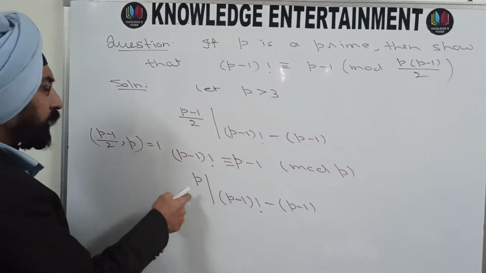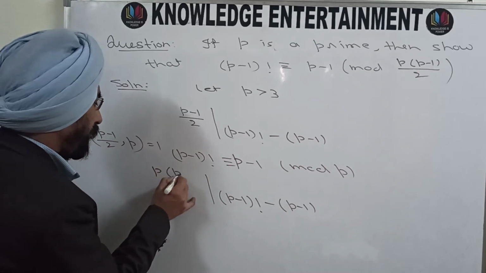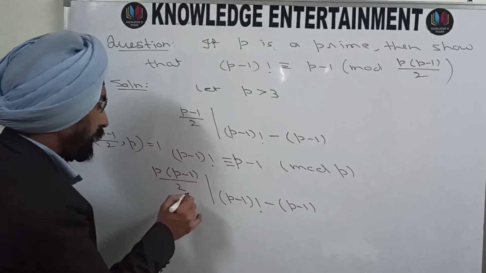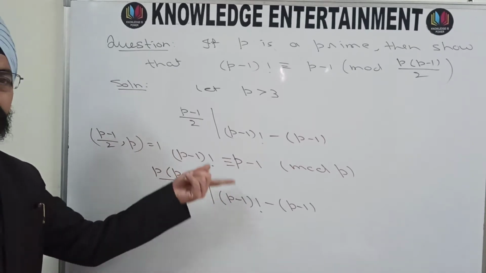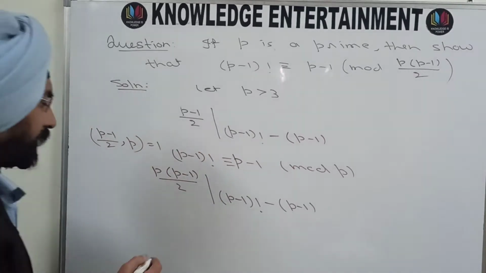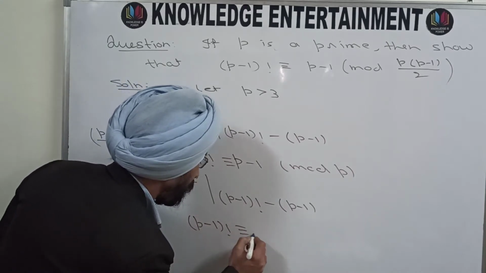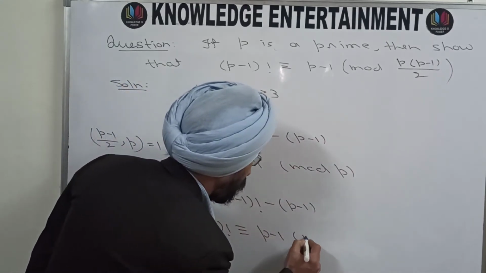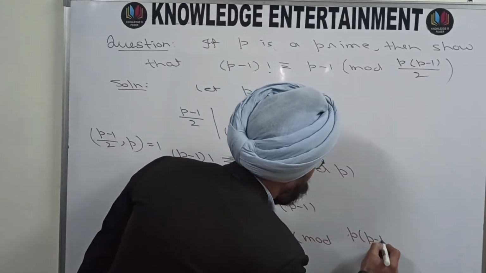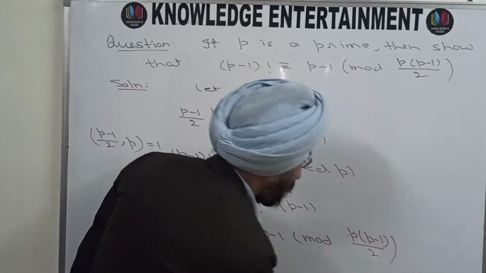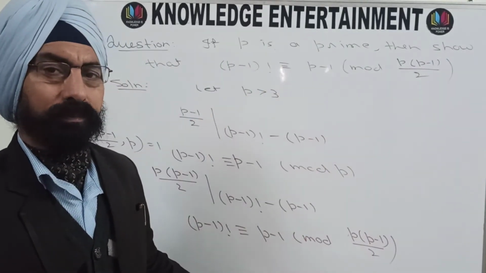The product of these two is P into (P minus 1) by 2, and this divides this quantity. Converting this divisibility into a congruence, you get (P minus 1) factorial is congruent to P minus 1 modulo P into (P minus 1) by 2, and that is actually the result we wanted to obtain.